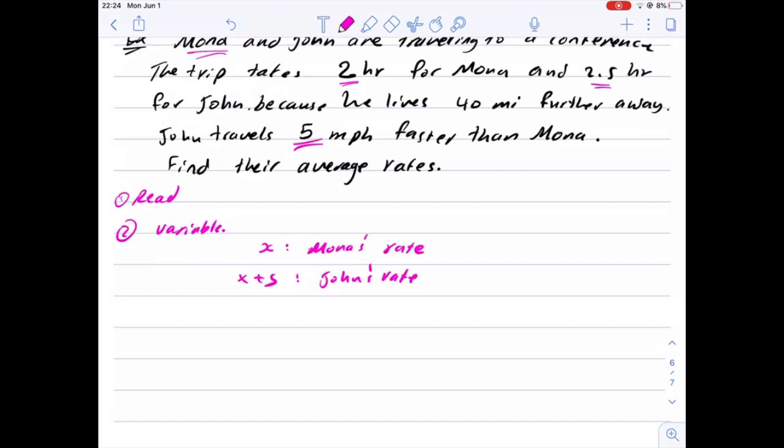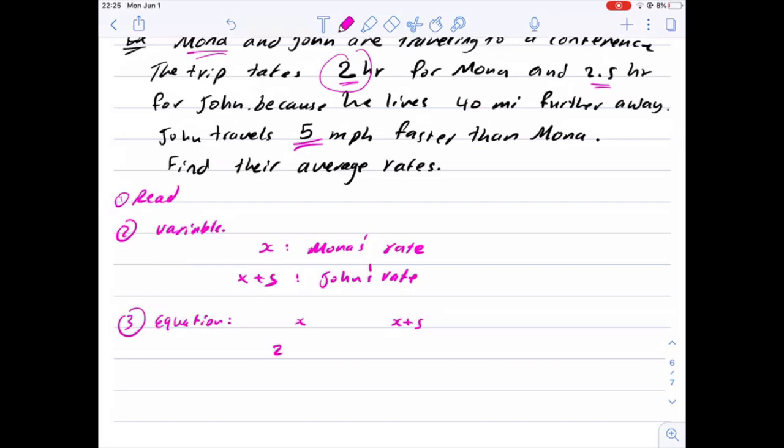So we assign variables. Now the third step is to write an equation. Now how to write the equation? To write the equation, we first have x for Mona's rate, and x plus 5, that's John's rate. And then we have 2 hours. It takes 2 hours for Mona to arrive.